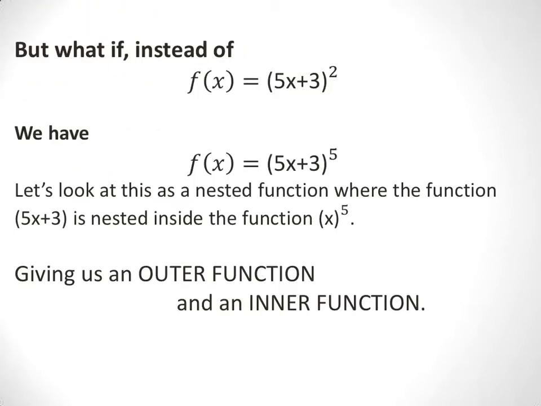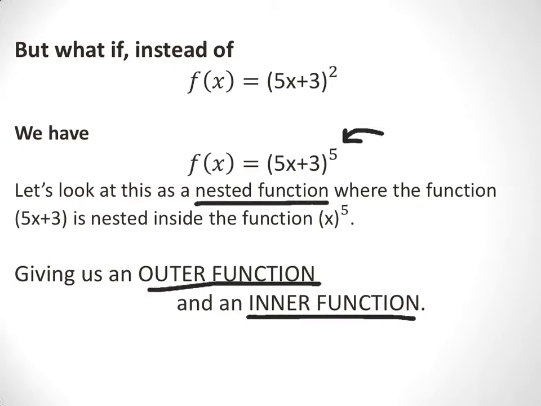But what happens when you get higher exponents? We do not want to multiply this out times itself 5 times. And so instead, we consider these as nested functions where you have an outer function and an inner function.